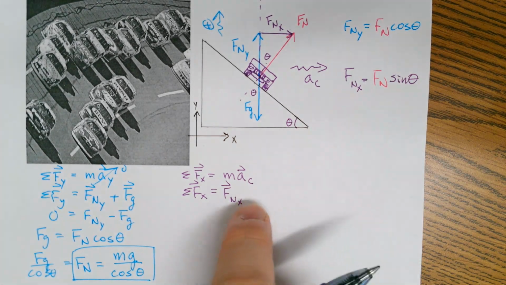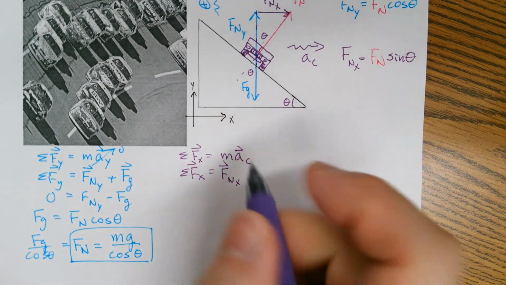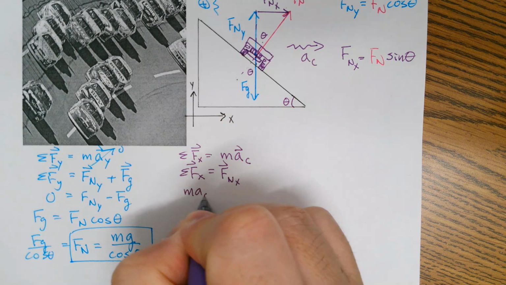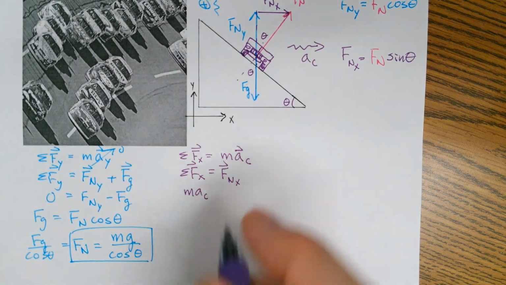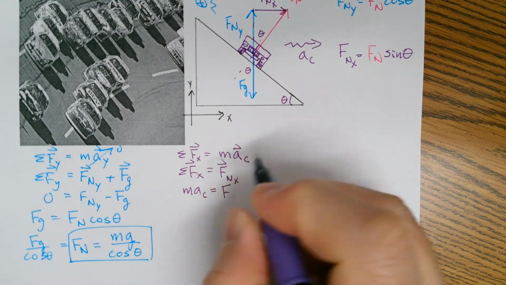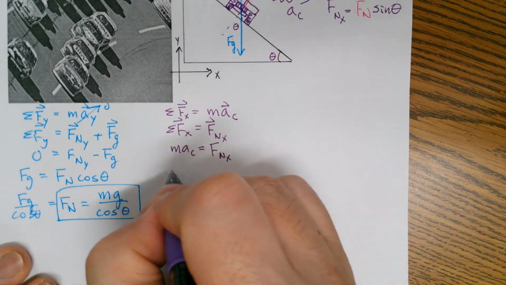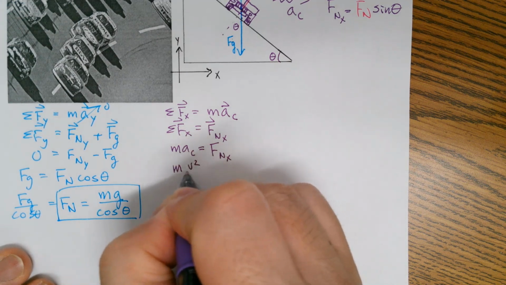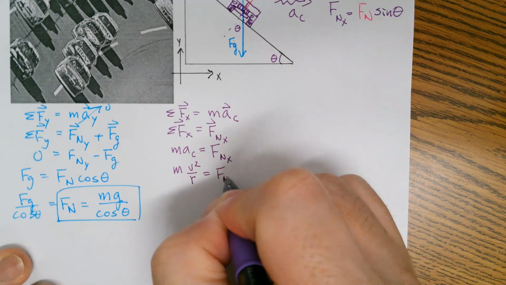So I can replace that with F_n sine theta. So m a_c is in that direction, and F_nx is also in that direction, so they're both positive. And m a_c is m v squared over r, and F_nx is F_n sine theta.